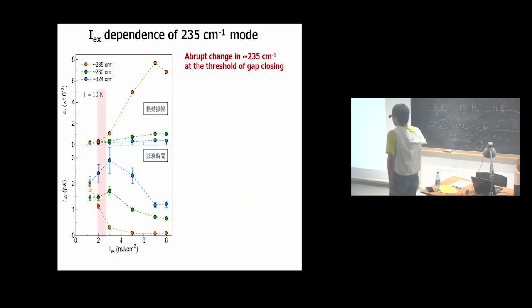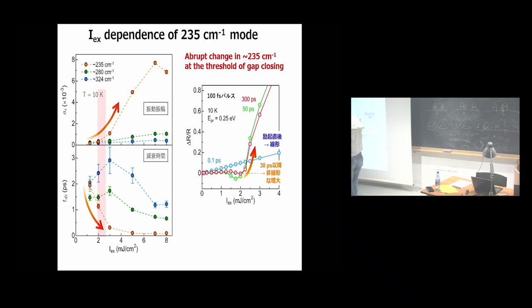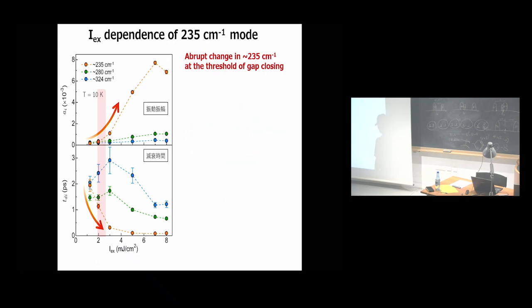And here are the amplitude and the decay time of the oscillation as a function of excitation intensity. And here is the threshold for light-induced phase transition, about 2 millijoule per square centimeter. And here, the amplitude of the coherent oscillation and also the decay time drastically change. So there is an indication of the phase transition.